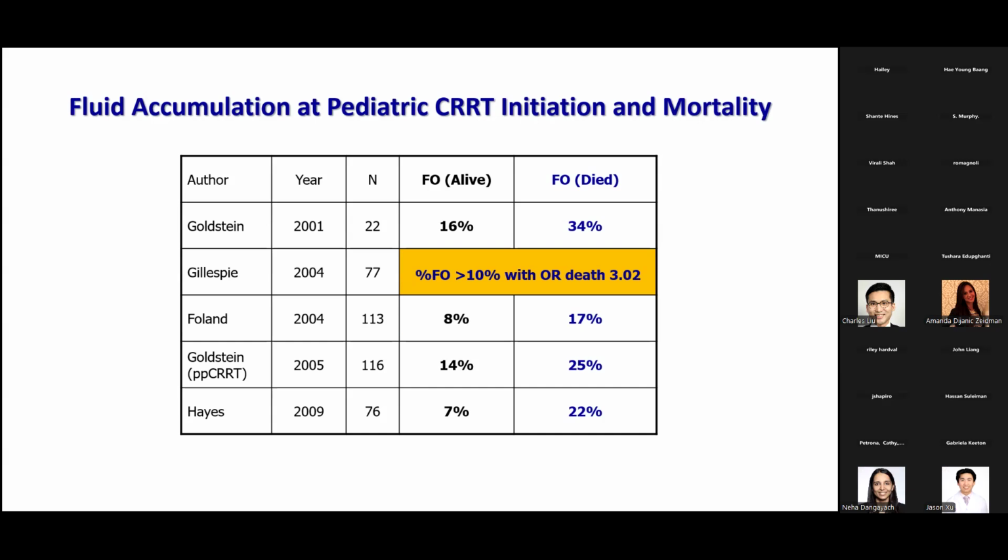This started with observations in children many years ago, where it was very consistent that children that die in the ICU had double fluid overload, and also when you model fluid overload and adjust for different other clinical parameters, the risk always fluctuated between twice or three times increased risk of mortality.